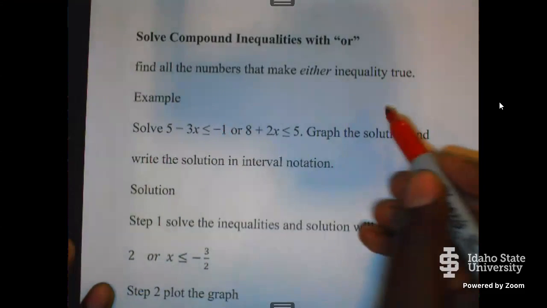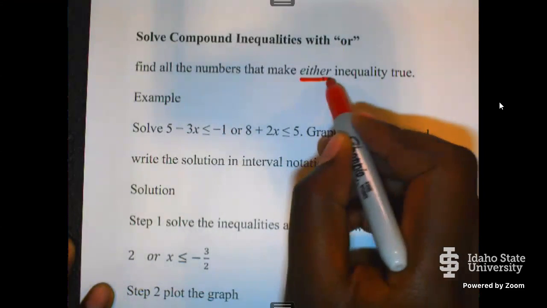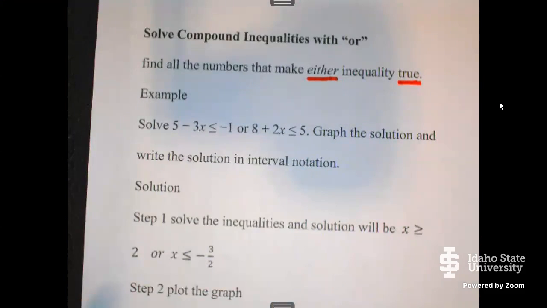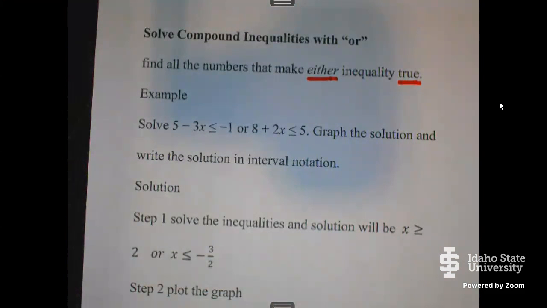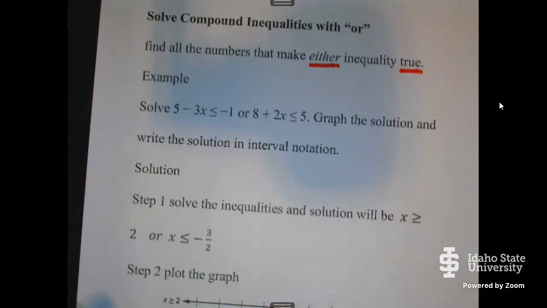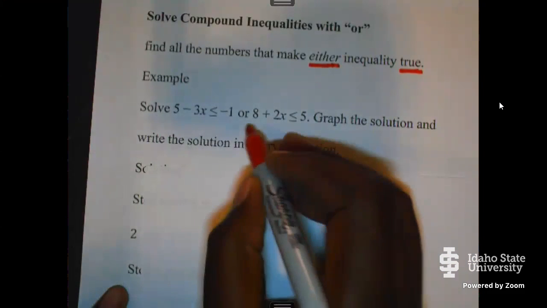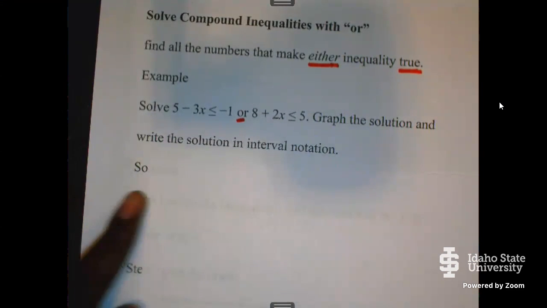So find all the solutions that make the inequality true. So for example, this is almost similar to and when you're solving the other steps. But when it comes to or, then we see how we solve it.